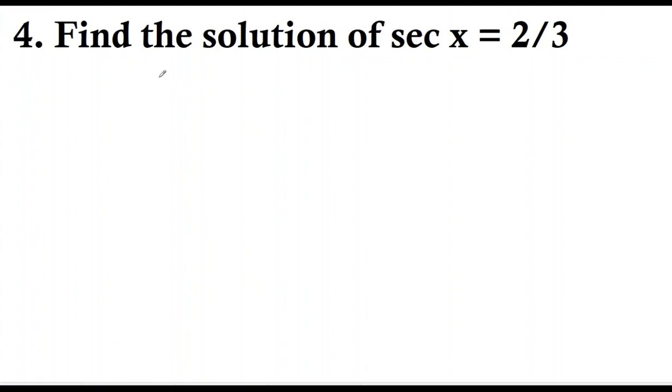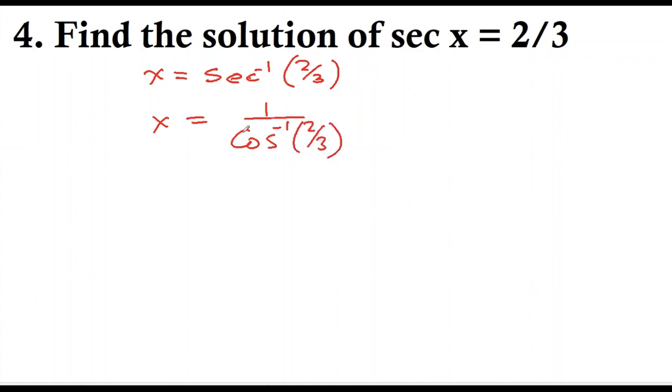What usually students do is they write x equal to secant inverse 2 over 3, and since there is no secant on our calculators, they write x equal to 1 over cos inverse, because secant is the reciprocal of cos, so they reciprocate the angle. Please keep in mind, even if it has a secant in it, it is an angle, it is not a ratio. This whole thing is an angle. You cannot reciprocate the angle.